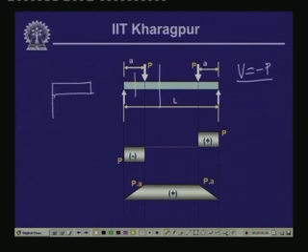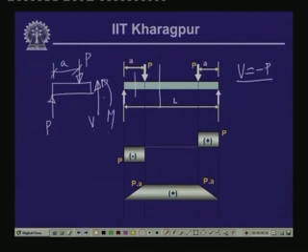Here we have the reactive force RA, which is equal to P. We have the force P, which is at a distance of A, and at this point we have the shear force and the bending moment as V and M. If we take the equilibrium of the vertical forces, V plus the reactive force P minus the load P is equal to 0. So this gives us V equal to 0. So from here to here in segment 2, wherever you take a section, you get an identical free body, and hence from this point to this point the shear force is equal to 0.